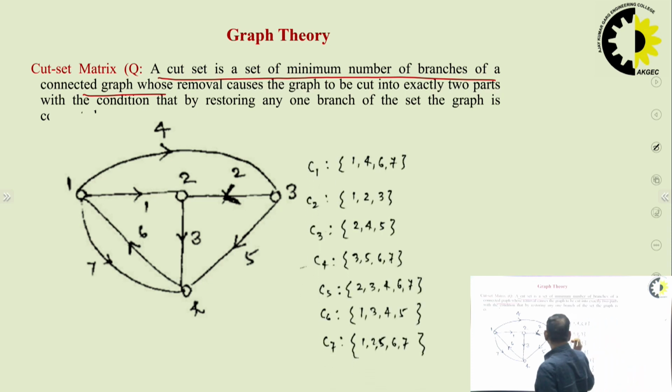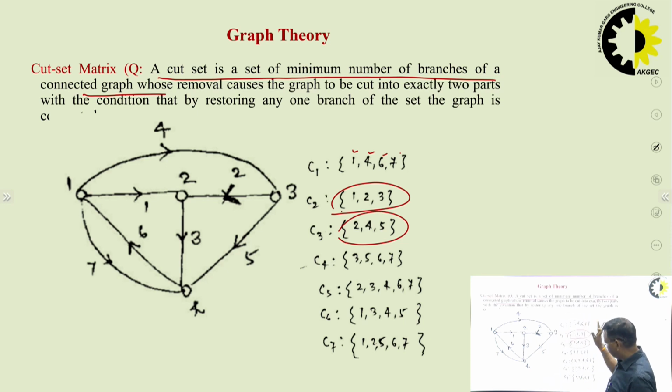So these are the cut sets. If you remove 1, 4, 6, 7, the graph is cut into two. If you remove this combination, the graph is again cut into two. If you remove 2, 4, 5. So there are basically 7 cut sets which divide this graph into two, with the condition that restoring any branch of the combination, the graph is connected.